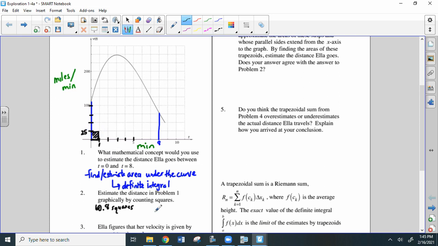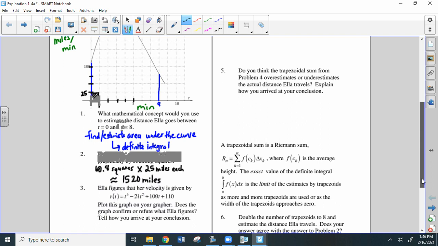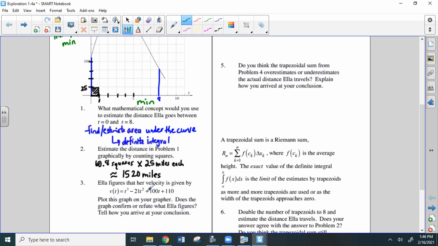Length times width gives me 25 miles per square, 25 miles each. So 60.8 squares times 25 miles each, and remember the 60.8 was an approximation, gives me 1,520 miles.